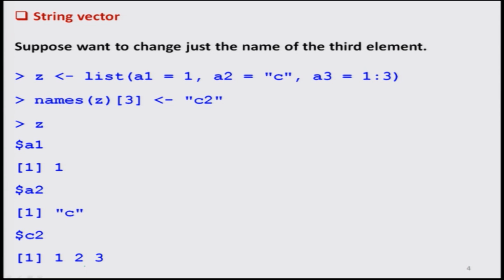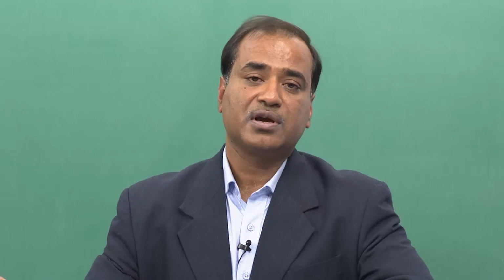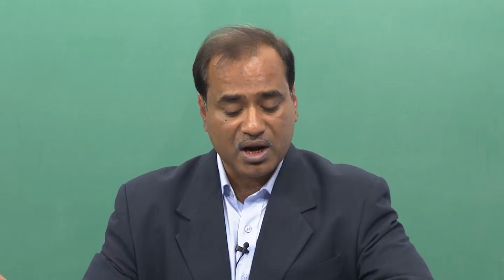Now suppose I have created this list and also I have given the names. Now the question is this, suppose I want to change the name of someone, then how to get it done, and is it really possible? Answer is yes, this is possible. But what is the command for that?